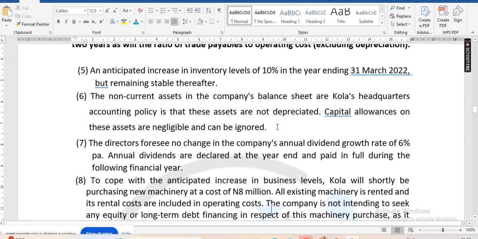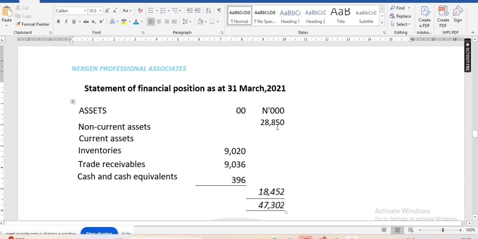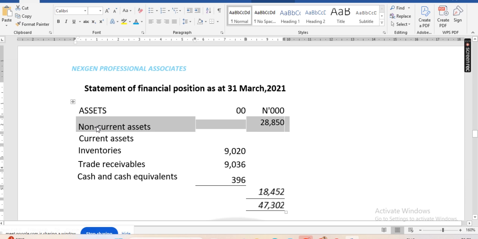Now let's quickly check the non-current assets in the statement of financial position. Can you see it? This non-current asset is not depreciable, which means that you will carry the same amount in 2022 as well as 2023 because it is non-depreciable. That is the company accounting policy.